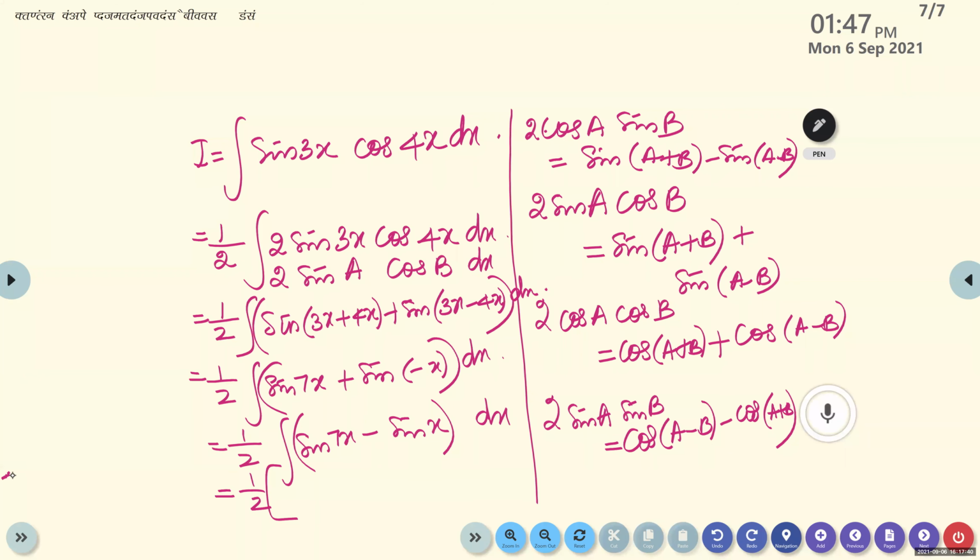Minus cos 7x by 7. Minus, and the integral of sine x, what is the integral of sine x? Minus cos x. So already we have one minus, so it will become plus cos x plus c. So half into minus cos 7x by 7 plus cos x plus c.